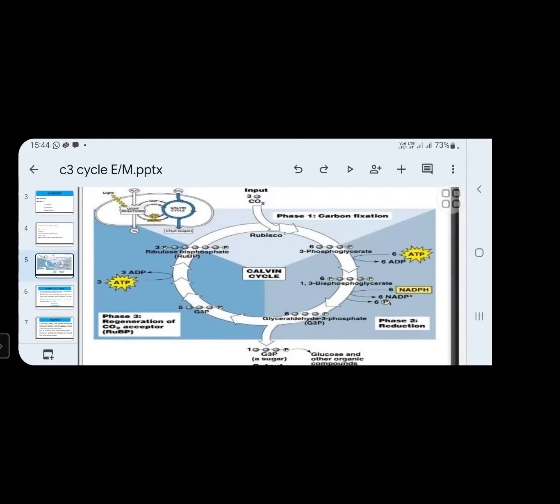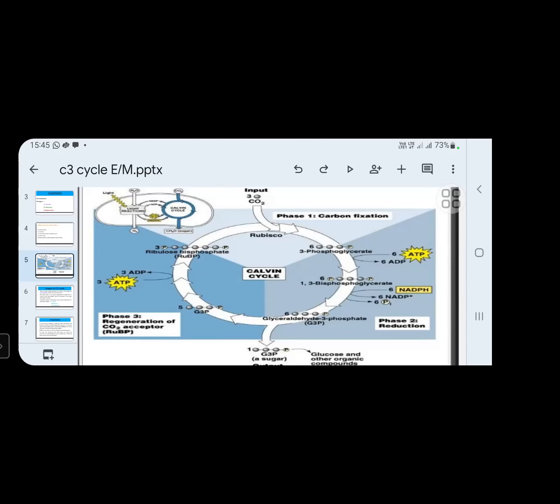Finally the ribulose phosphate is converted to ribulose 1,5-bisphosphate through the action of ribulose phosphate kinase, and ATPs are also utilized. 18 ATPs plus 12 NADPHs are utilized in this way.